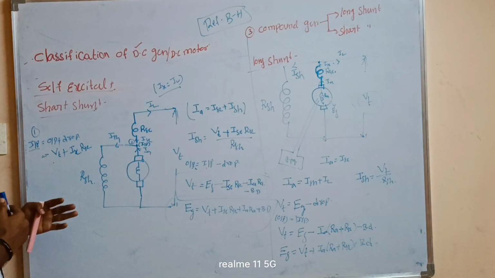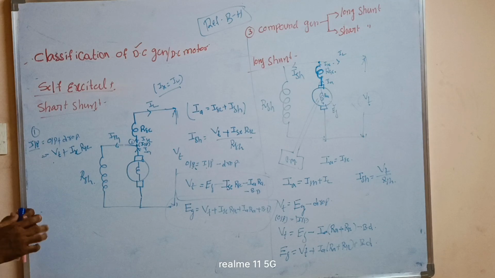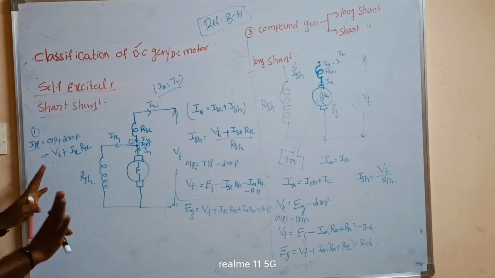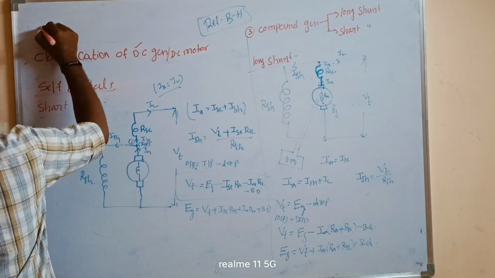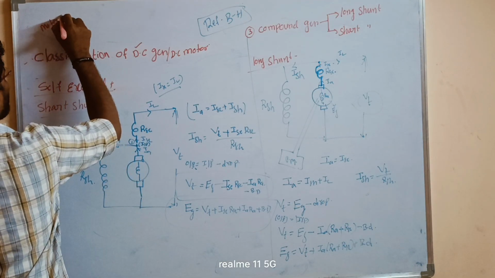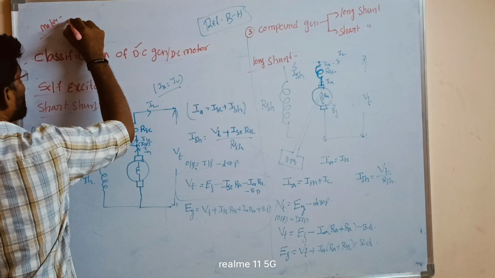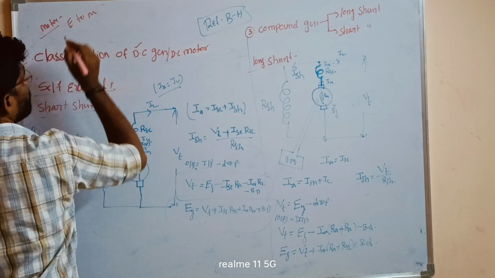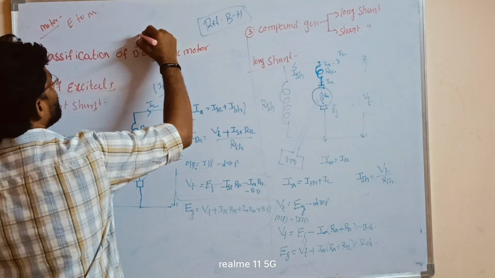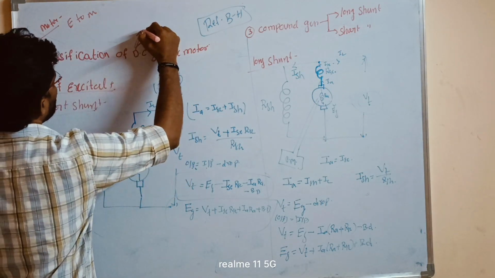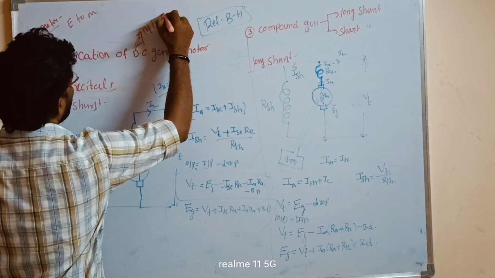So first we write the short shunt generator. Same concept. What is the difference? A motor is nothing but electrical to mechanical, whereas a generator is nothing but mechanical to electrical.